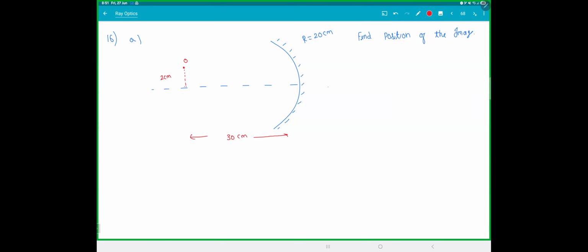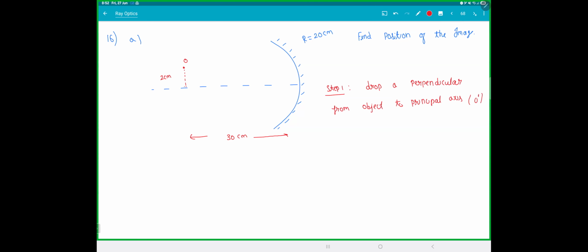Step 1, drop a perpendicular from the object onto the principal axis. Let's call this O dash, the foot of the perpendicular.